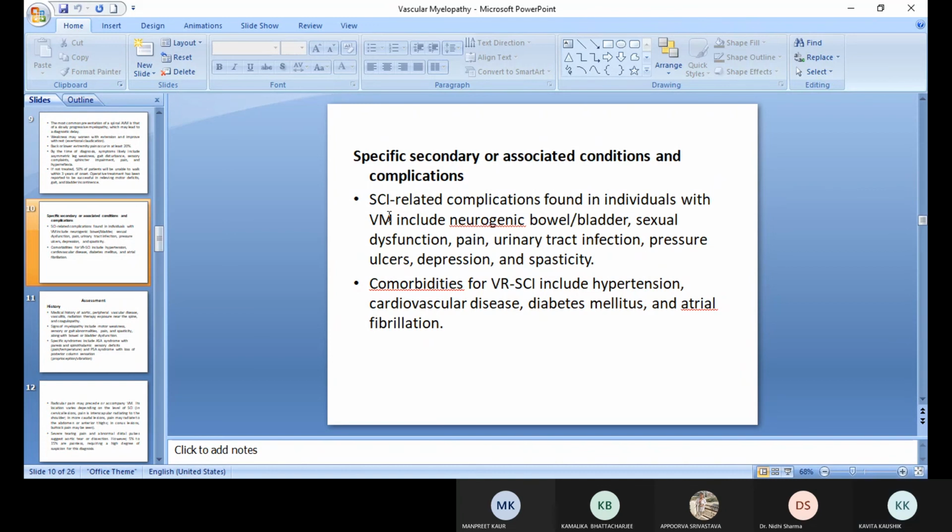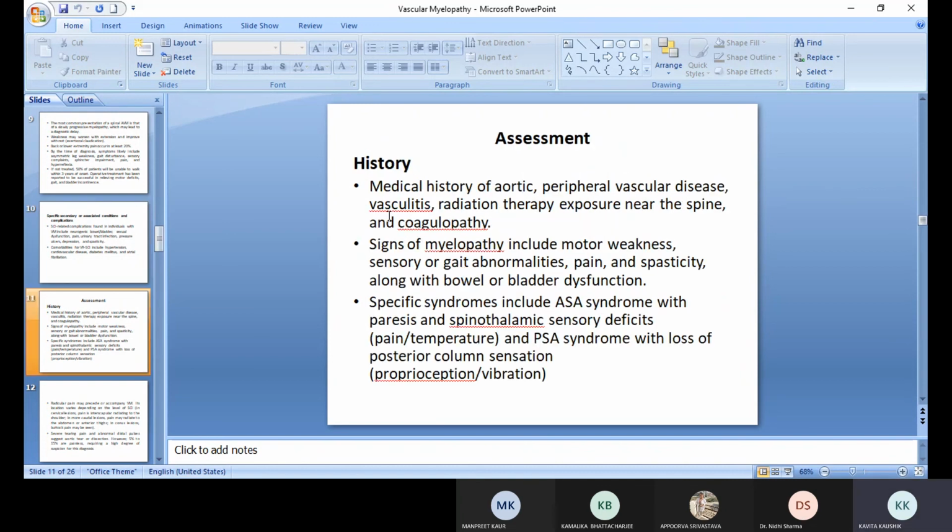Then the assessment of vascular myelopathy, it includes firstly the history. It can be associated with a medical history of aortic or peripheral vascular disease, vasculitis, radiation therapy exposure near the spine, or coagulopathy. Then signs of myelopathy should be present, which include motor weakness, sensory and gait abnormality, pain, spasticity, along with bowel and bladder dysfunction.